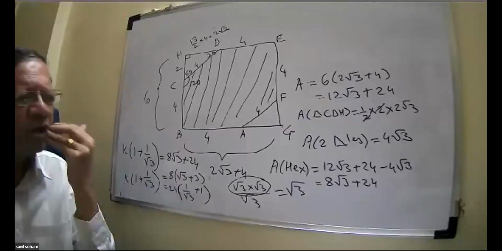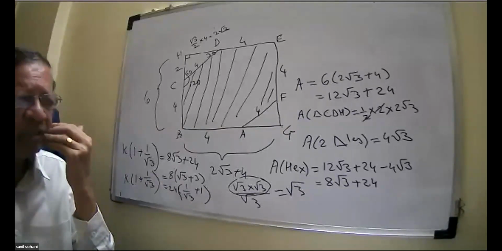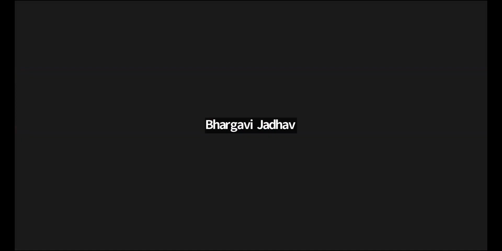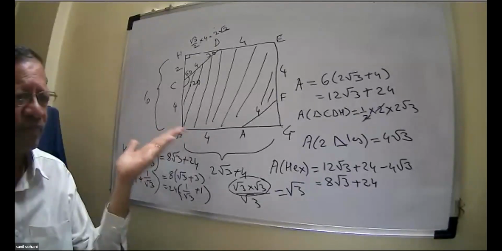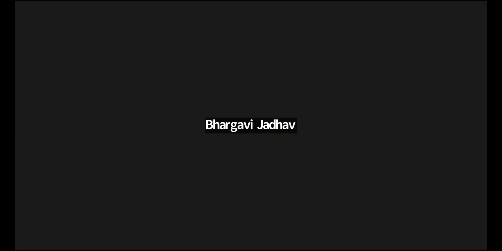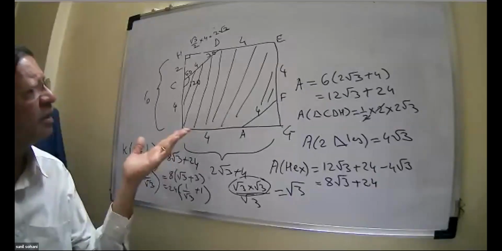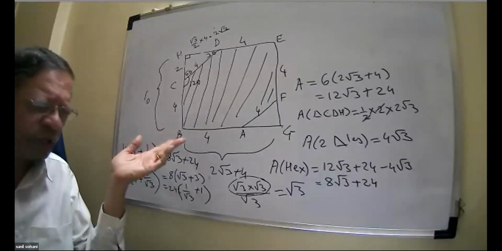And there is no word of regular hexagon mentioned anywhere in the question. So the sides can be the same and the angles can be different. That is the case in front of you. I have drawn this diagram using GeoGebra to explain it to you all. Okay, thank you.